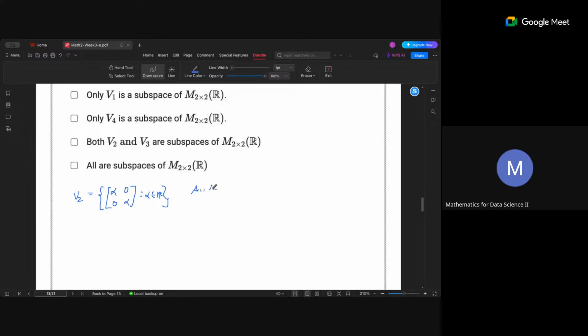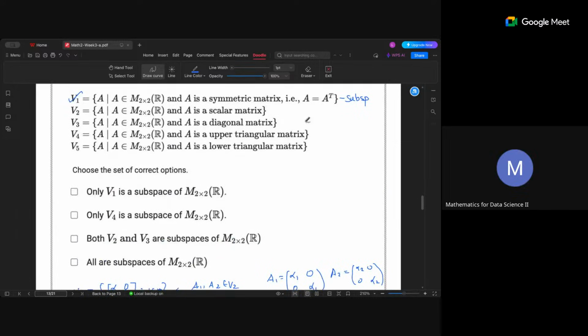Let's say A1, A2 in V2. A1 is alpha 1, 0, 0, alpha 1. A2 is alpha 2, 0, 0, alpha 2. I'm not doing any calculation. Straight away, are you able to see whether it is closed under addition? Yes, it is a subspace. So you see that this is a subspace.